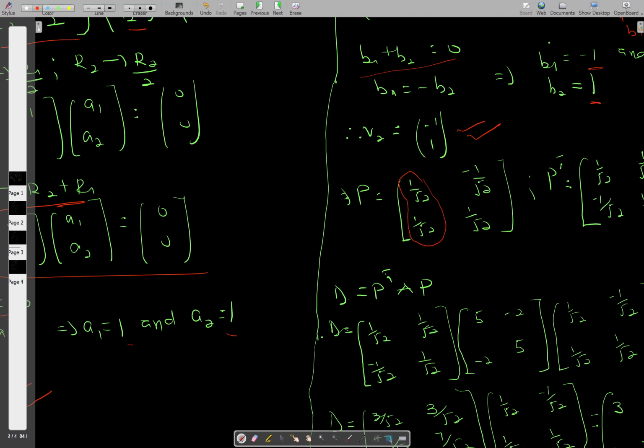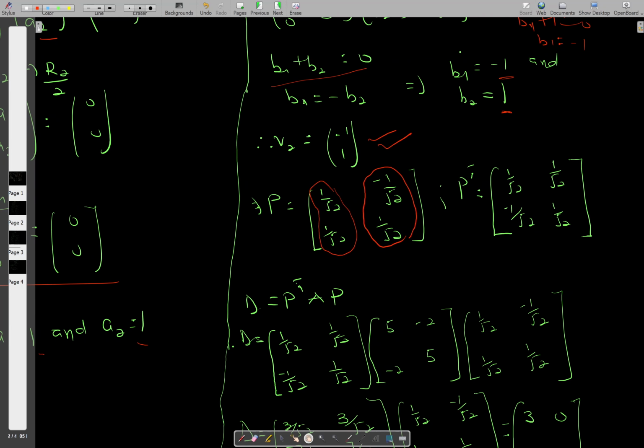Then second eigenvector, that's negative 1 1. When you normalize it, we get negative 1 on root 2 and 1 on root 2. That's what we have here. And therefore the transpose of P is given by this.